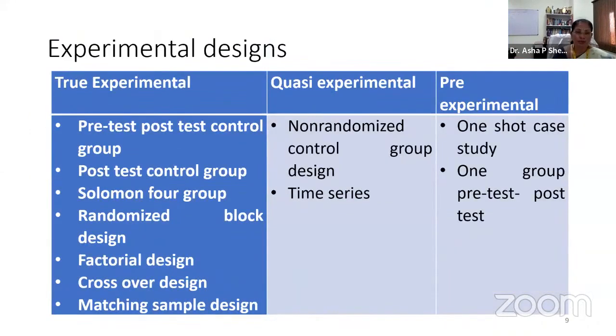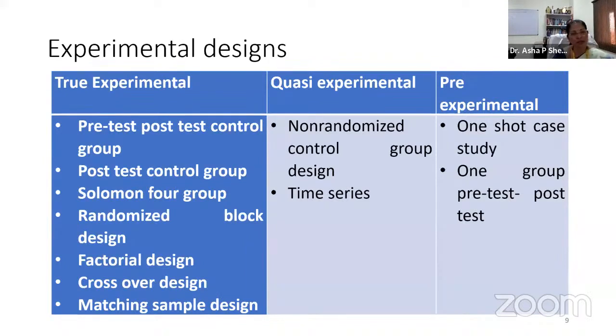Now, what are the experimental designs? The common experimental designs we can classify into true experimental, sometimes also called basic experimental, quasi-experimental and pre-experimental. The pre-experimental designs these days are also categorized under observational studies.